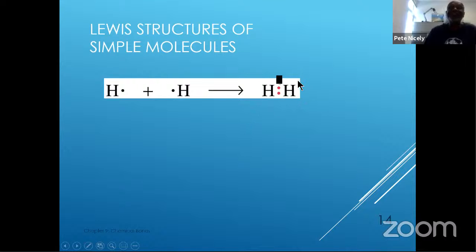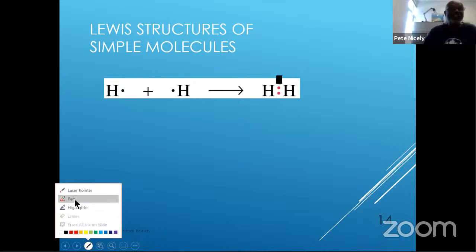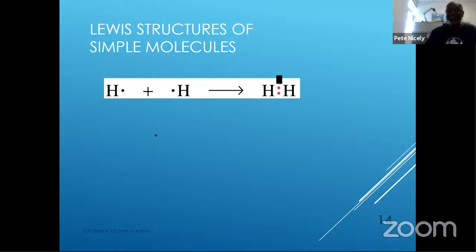So this is the Lewis symbol for the hydrogen molecule. There's also another representation that is more often used, where the paired electrons are represented as a dash or a line. So you can also use this representation here as the Lewis symbol or the Lewis structure for the hydrogen molecule, all right?